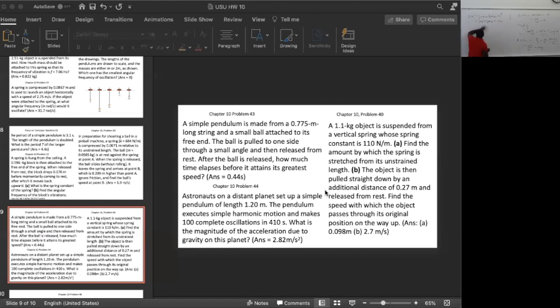So this is what we saw. So this left-hand side, I'm going to put the number here. So this is half times m. The mass is given to be 1.1 kilograms.